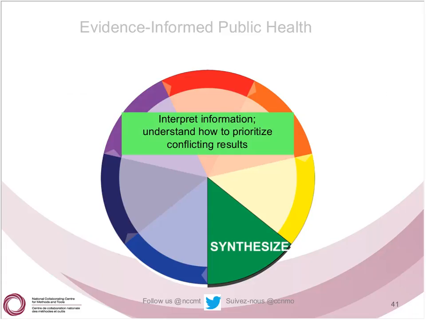The challenge that we often have is that we're drawing from many sources. I'm giving the example of just one systematic review, but often you would have more than that to draw on. And so not only are we trying to figure out what did the systematic review show, the interpreting part, but we also want to figure out how to put multiple findings together and sometimes how to decide between results that conflict.